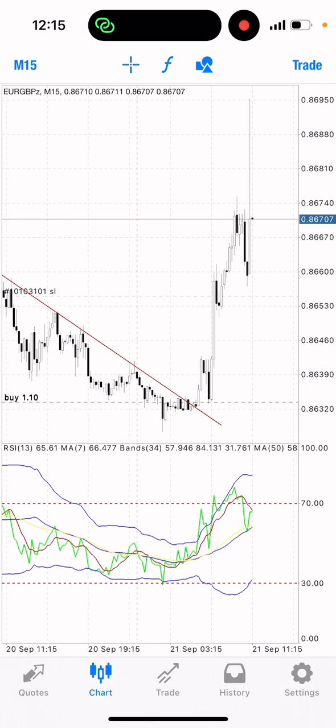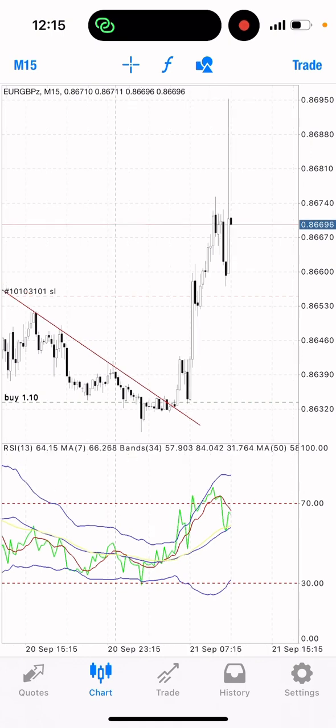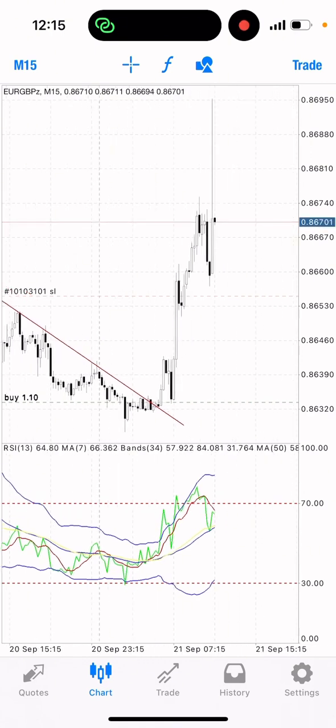There are two ways which I use the TDI indicator, and which most traders use it. The first way is the crossover buy and sell at the top and lower band, around the 30 and 70 levels.